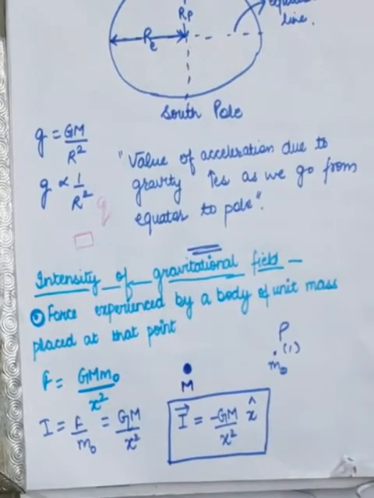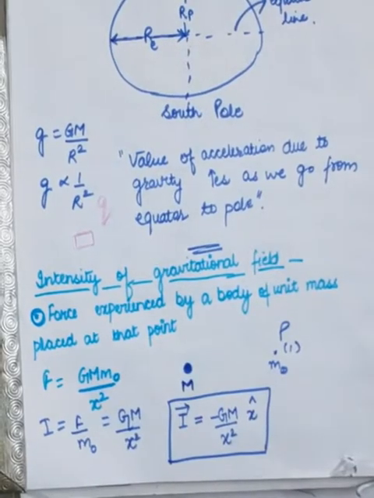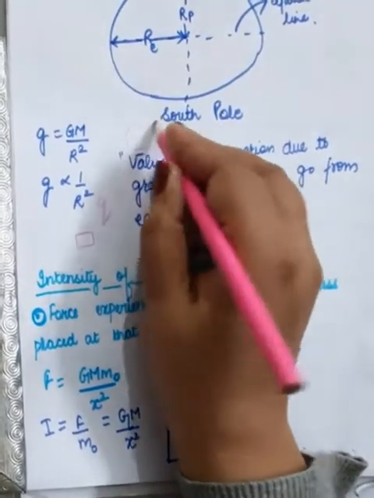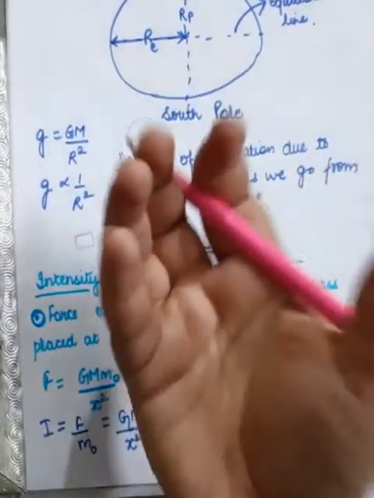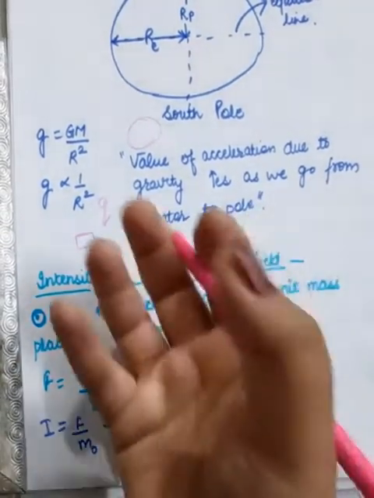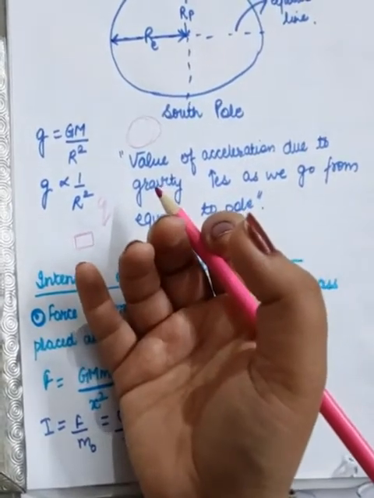So how the gravitational field is going to be affected, that's what we have to see. What's a gravitational field? Suppose when you keep a mass somewhere, that mass actually modifies the space around it and the things get attracted towards that mass.